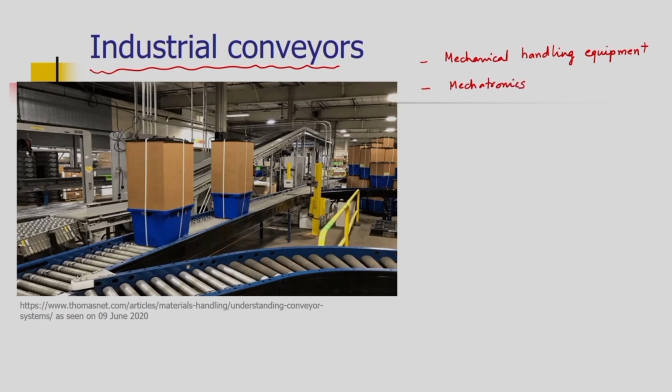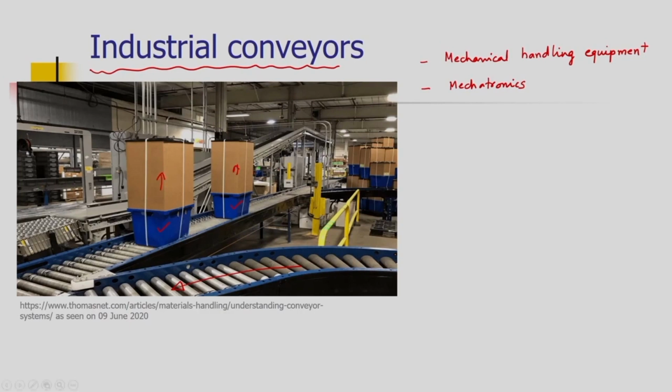We need to convey a variety of commodities: the raw material, semi-finished goods, finished goods, tools, and many auxiliary equipment or materials required in manufacturing. On your screen you can see a typical conveying system, a roller based conveying system, and on the conveyor you can see the baskets, and over the baskets the goods are mounted.